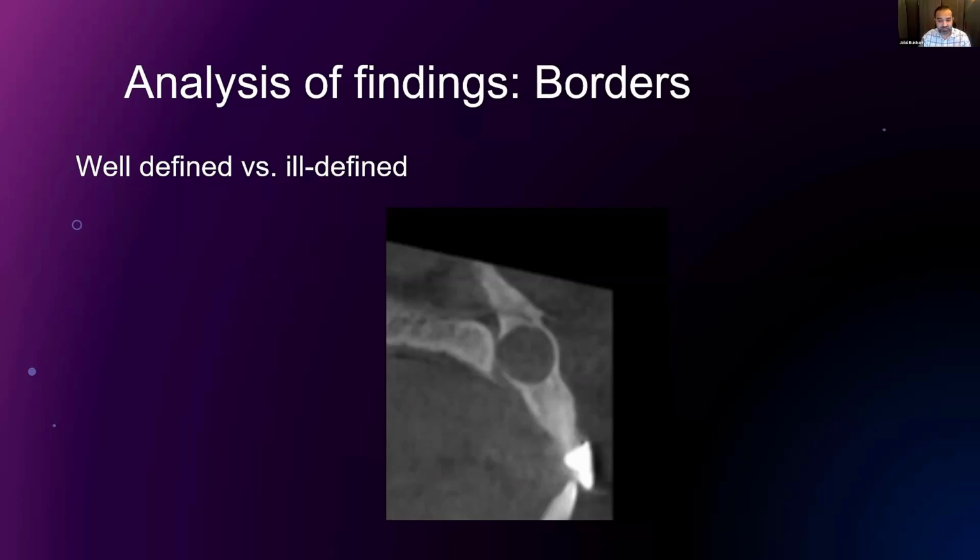Now, when taking a look at this image on the slide, we can see that the borders of this entity in question are well defined, and it has formed a very hydraulic or circular shape. So again, I can easily trace the borders of this entity and localize it to a specific area.